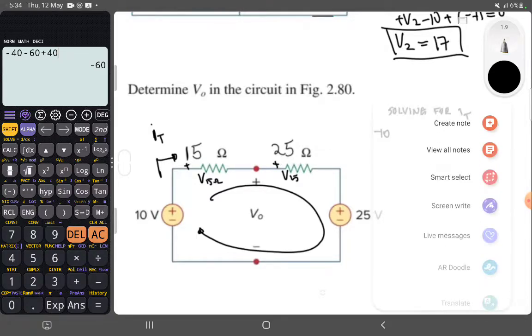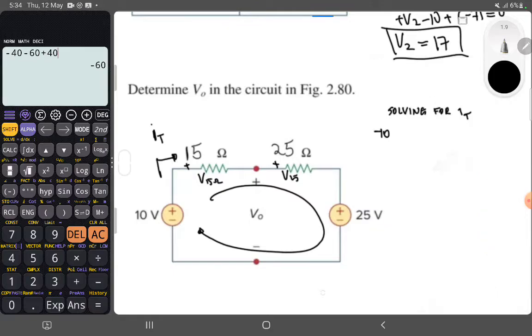So taking note that this is positive terminal and this is our negative terminal. Okay, so from that I will have negative 10 plus V15 ohm plus V25 ohm plus 25 volts equals 0.